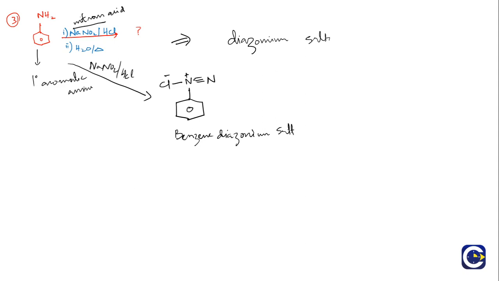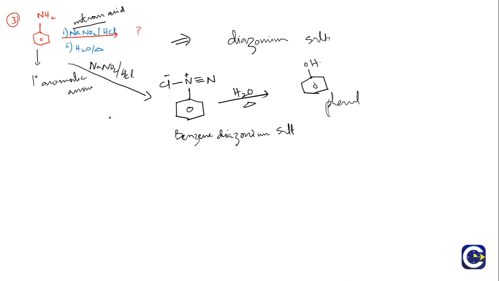So in the first step we get this, and in the subsequent hydrolysis, that is the reaction of benzene diazonium salt with water in the presence of heat, we get phenol as the product. So the product in this reaction is phenol. All we have to do is recognize the type of substrate and the type of reagents we are using.